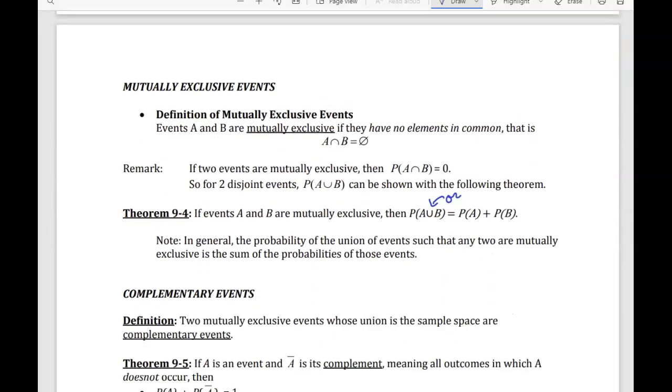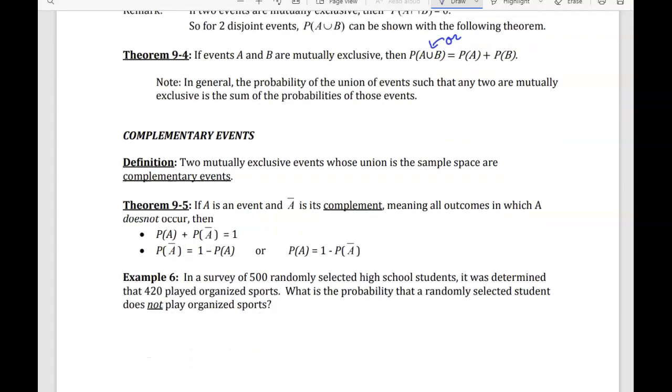I have no overlap. In general, the probability of the union of events such that any two are mutually exclusive is the sum of the probabilities of those events. And we'll look at some more a little bit later. Complementary events. Basically, complementary events are the opposites of each other. One thing happens, one thing does not happen, type of thing.